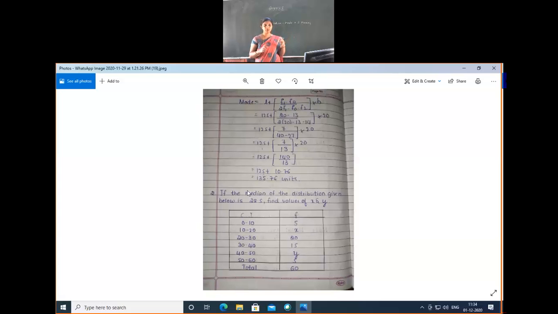Not exactly equal, but they are almost in the same range, in the 135 to 140 range. All the values are similar. Is that clear? Using this relationship also, you can get the mode answer.